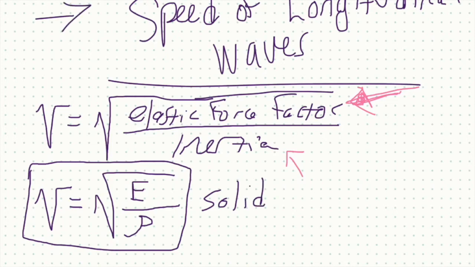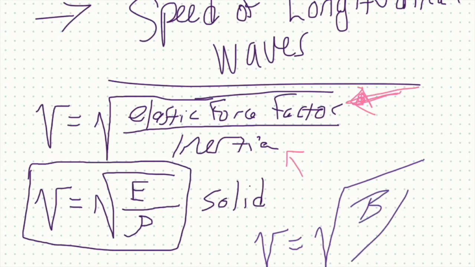And if it's in a liquid or a gas, the formula is basically the same, except it's not. We've got a different type of measurement, because if it's a liquid or a gas, the elastic force factor is called bulk modulus, B over density.